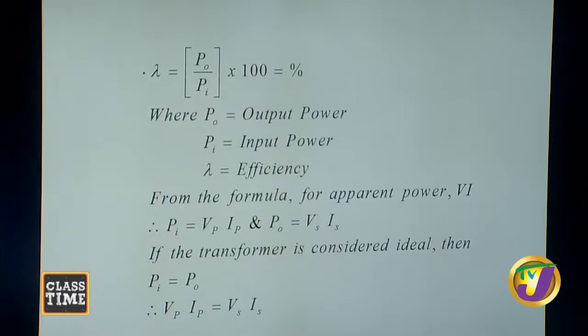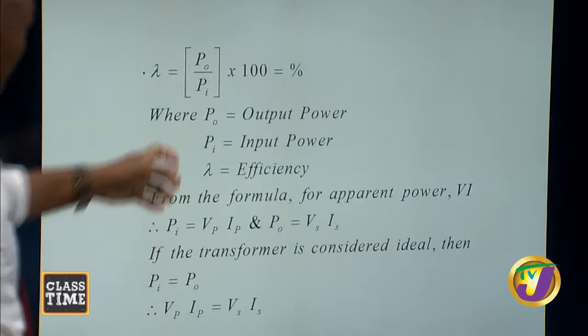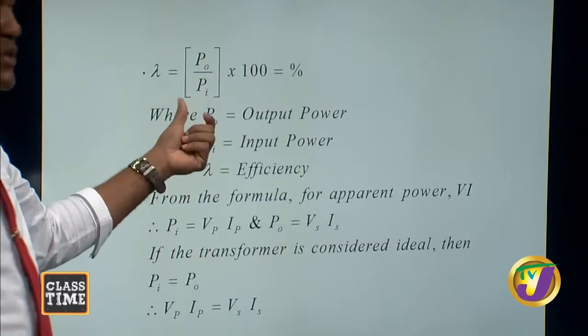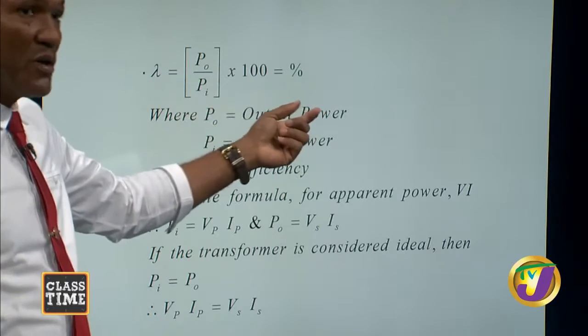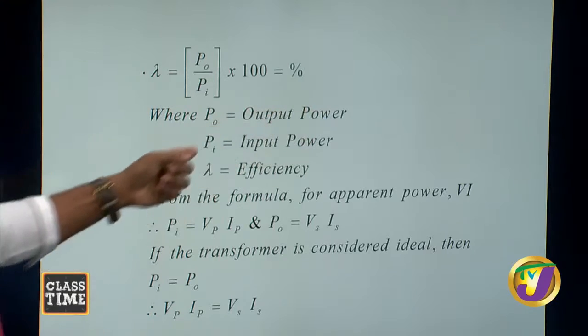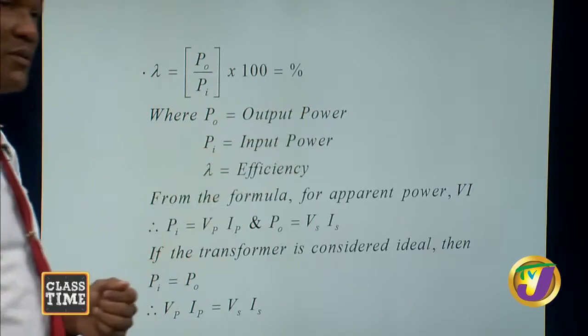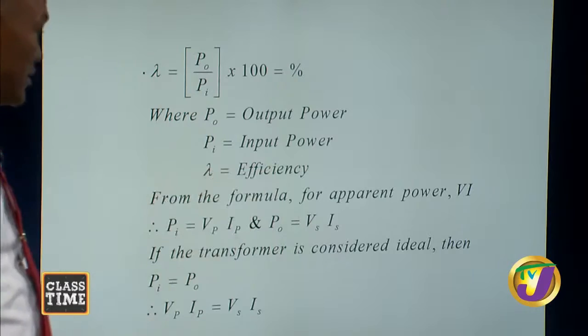So if you are calculating something and you get a figure, don't just write 96.7. Efficiency is expressed in percentage, so you have to put your percentage. What's the meaning of these? PO. What is PO? Output power, or you say power out. What is PI? Input power, or you say power in. And this is efficiency.